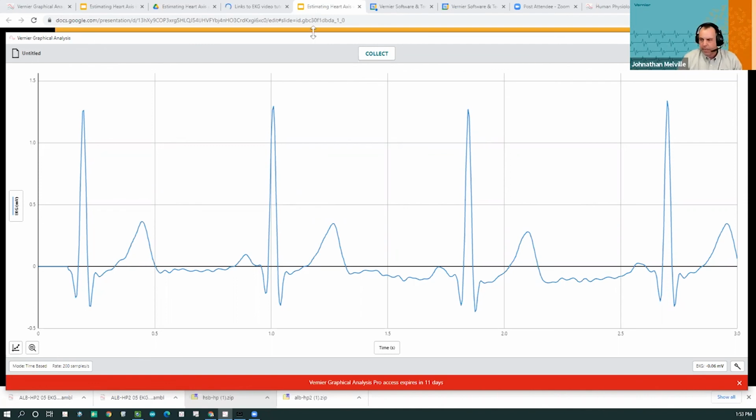Another thing that I tell people to do sometimes is, if you know anybody that's working at a hospital, now is probably not a good time to ask them for a favor. But typically, they probably have EKG tabs that they're going to throw out because they expire, and they'll be fine for you as an educator.